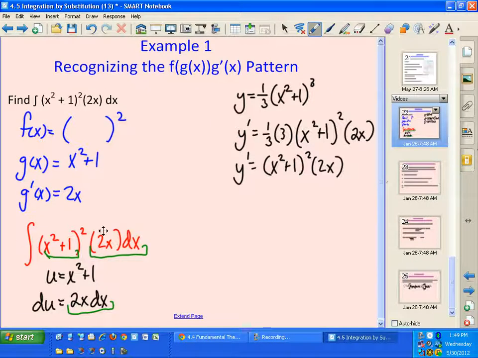With that being said, I end up with a new function in terms of u: u squared, which would be the green thing with the squared, and 2x dx is now du. This change makes it easier for me to integrate, and when I integrate this I get u cubed over 3 plus c.